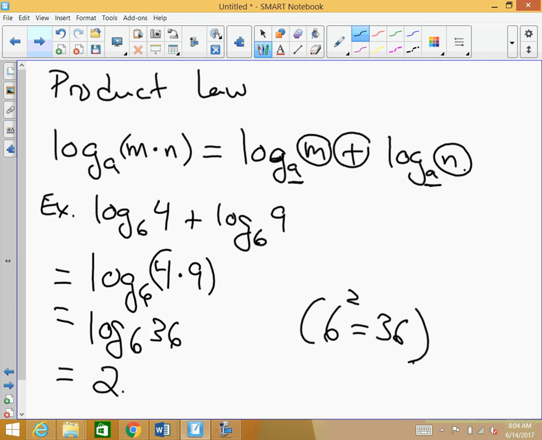So that's pretty handy. For this one, it's fairly easy for me to find the answer, because 6 to the power 2 is 36.